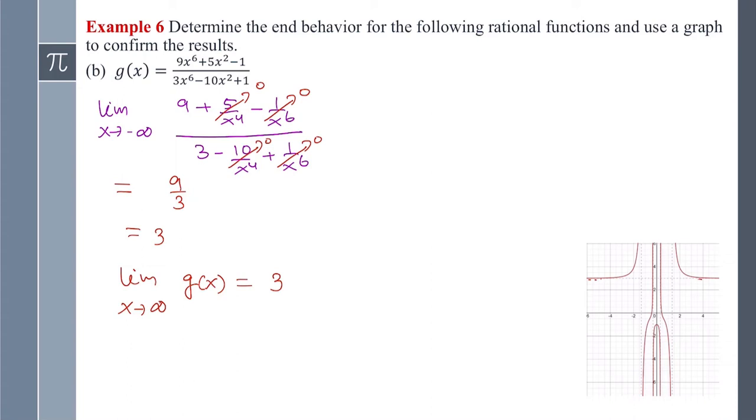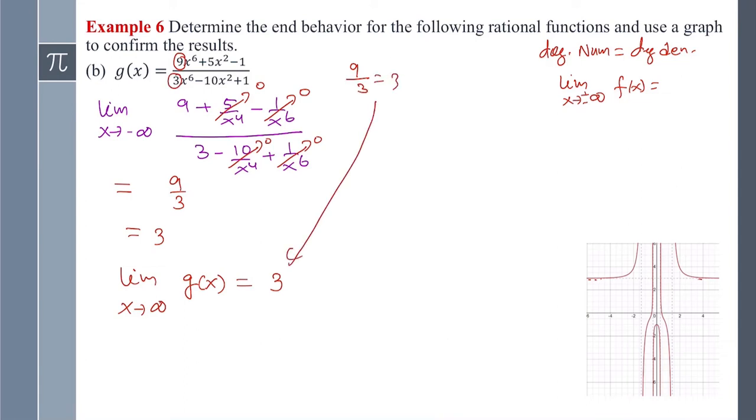So the shortcut here is: if the degree of the numerator equals the degree of the denominator, then the limit as x approaches positive or negative infinity of f of x is the ratio of the leading coefficients. So here it is 9 divided by 3, which is 3. That's what we got here. We usually say a over b, or a sub n over b sub n.